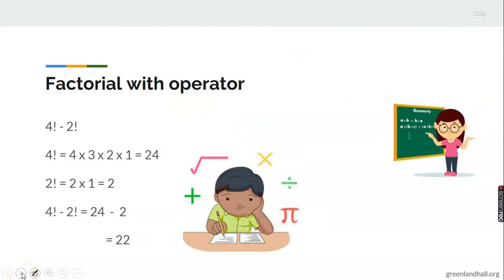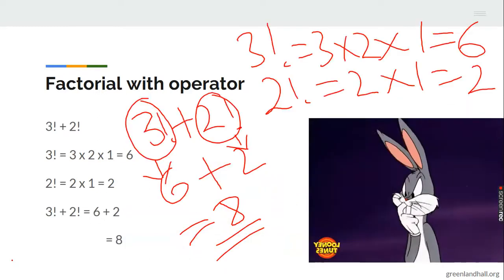Yeah, we are back at it. Now, factorial with operator, this time is subtraction. So 4 minus 2, the same thing we did the other time. That's what we're going to do over here. We're giving subtraction as an operator here.